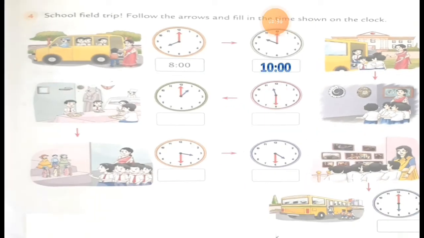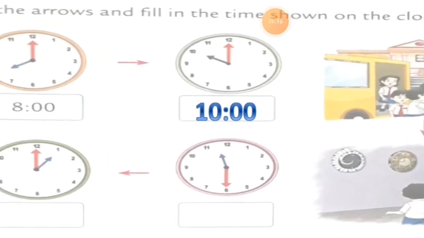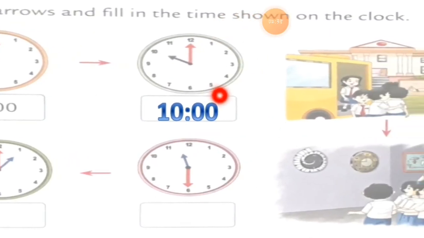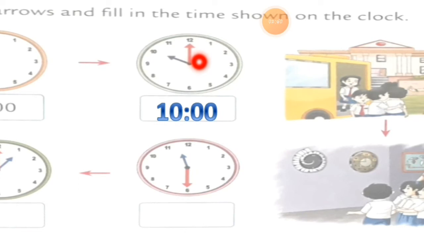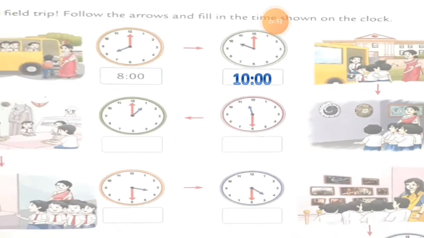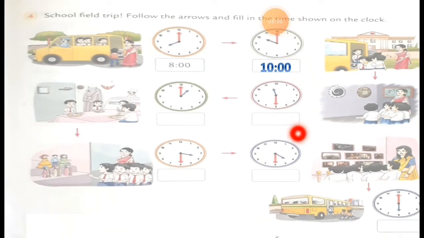So here, I just write down the correct time. You can check in this clock. As I told you, the minute hand is pointing to 12, which means 00 minutes, and the hour hand, the short hand, is pointing to 10. It means it is exactly 10 o'clock.